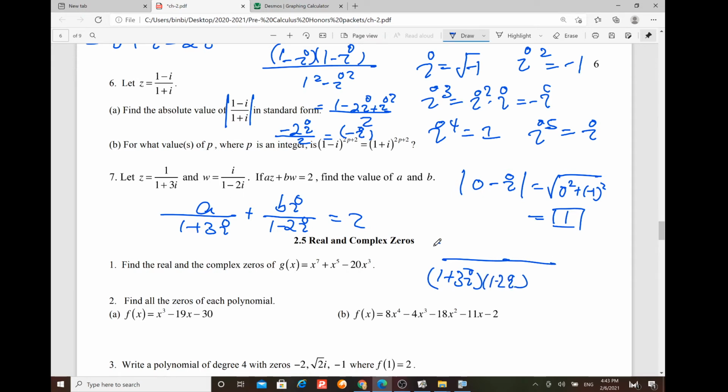And then this part is like a times the quantity of 1 minus 2i. And for this one is like bi times the quantity of 1 plus 3i. So eventually that's going to be 2. Okay, so multiply it out, rationalize the top part, distribute, combine the like terms. Once you simplify the whole thing, you just solve for the values of a and b.